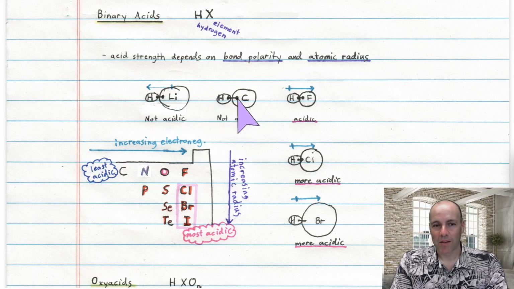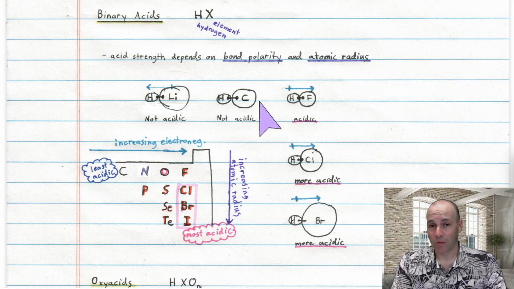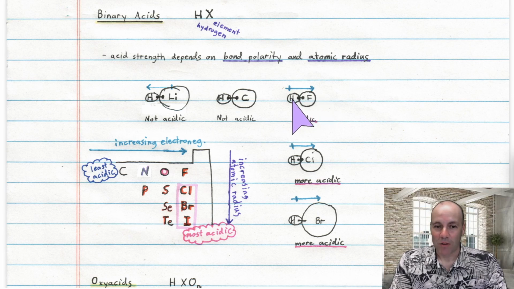If hydrogen is attached to carbon, well, the electronegativities are similar for hydrogen and carbon, and this is not acidic. What we're looking for is for when the other atom is pulling the electrons away from hydrogen. And that's the case for fluorine. If hydrogen is attached to fluorine, fluorine is a very small electronegative element.